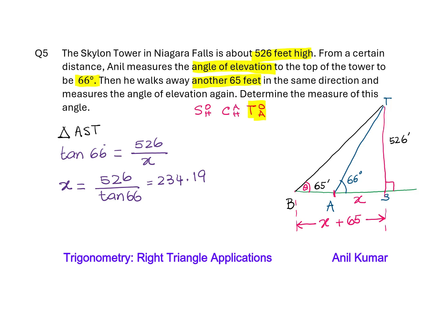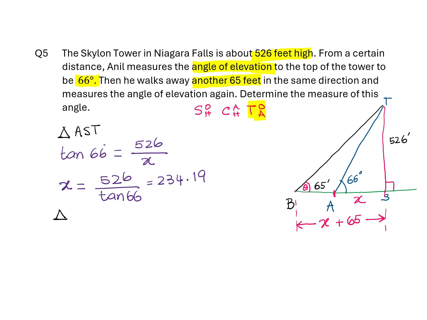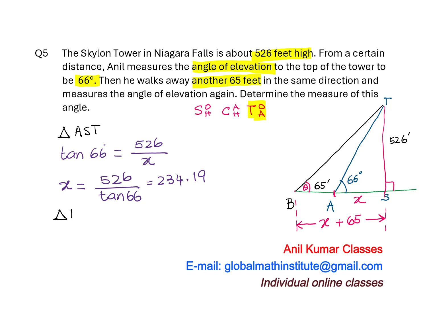So we have the value of x, right? Now we can find B to S. So we'll now solve the triangle BST, right? This is also a right angle triangle.